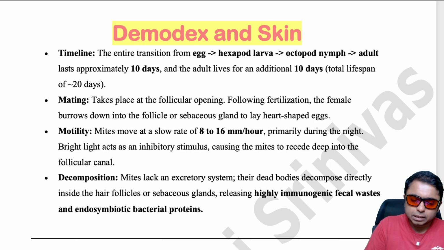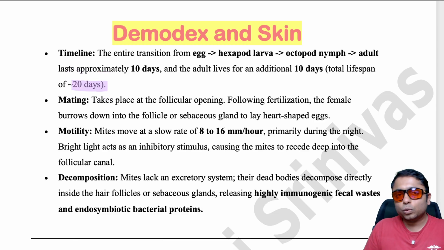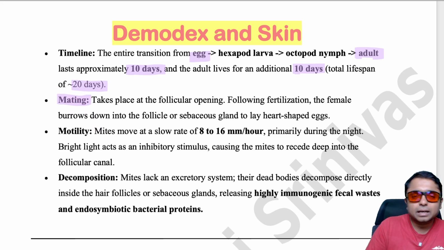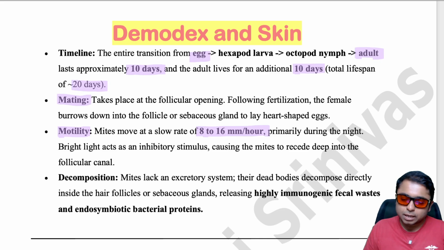The total lifespan is 20 days, out of which from the egg to the adult it takes approximately 10 days, and additionally it lives for 10 more days. So it is 20 days. Mating, feeding, everything takes place in the pilosebaceous unit, and it crawls over the skin literally with a speed of 8 to 16 millimeters per hour.